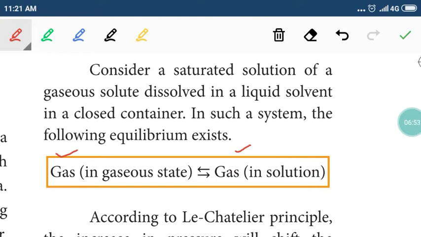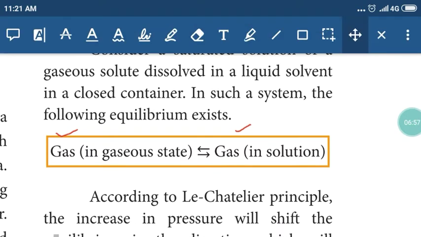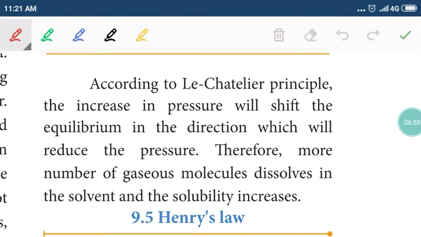By increasing the pressure, we are disturbing the equilibrium, so that it will shift towards one particular side to balance the disturbance.